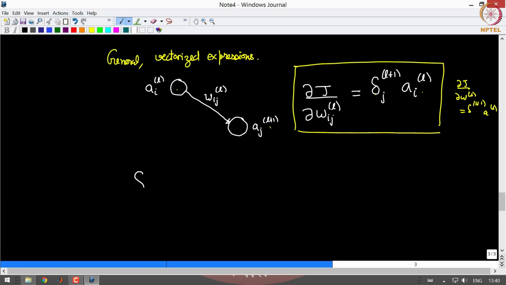What about the other activation formula? Now, we will have to deal with whole vectors.